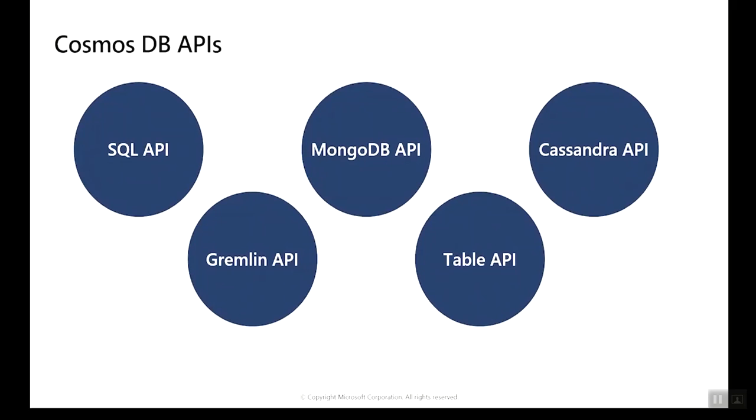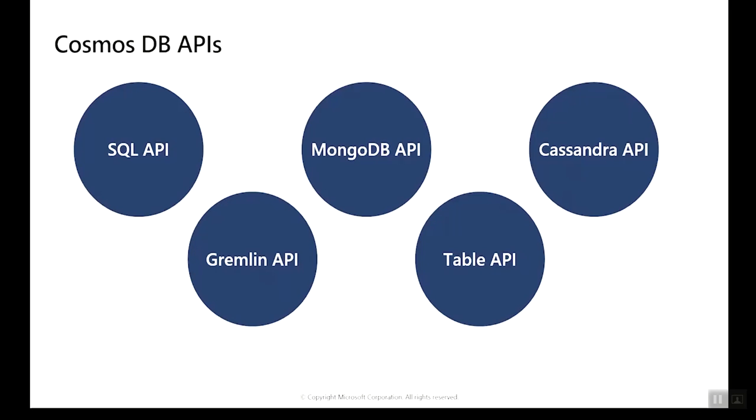Now, Cosmos DB provides a couple of APIs to allow you to access the documents, and it also provides support for other NoSQL database management systems through these APIs. These APIs are the Table API, the MongoDB API, the Cassandra API, and the Gremlin API.